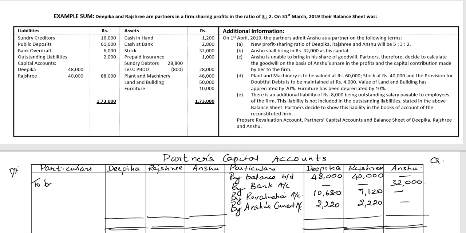To balance carried down. Total of Deepika 60,900, and the balance carried down is also 60,900 rupees.